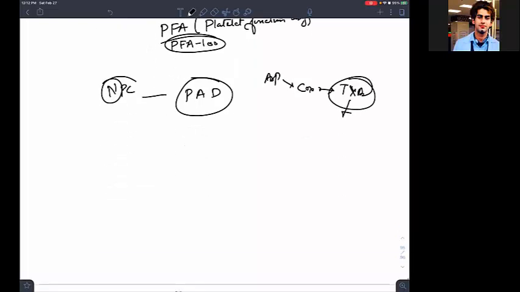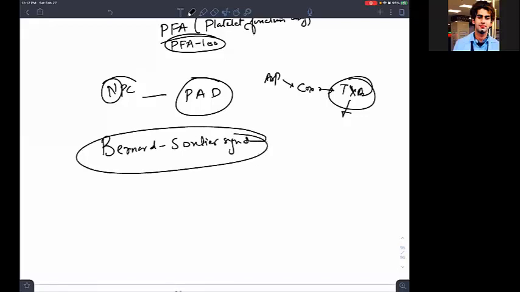You remember that syndrome, Bernard-Soulier syndrome. I was having the deficiency of GP1B, isn't it? So once I have a deficiency of GP1B, it will not attach to the von Willebrand factor. So I will have a platelet adhesion defect.